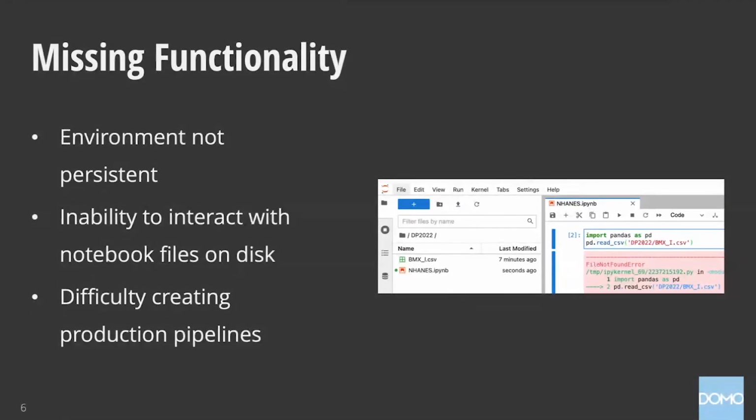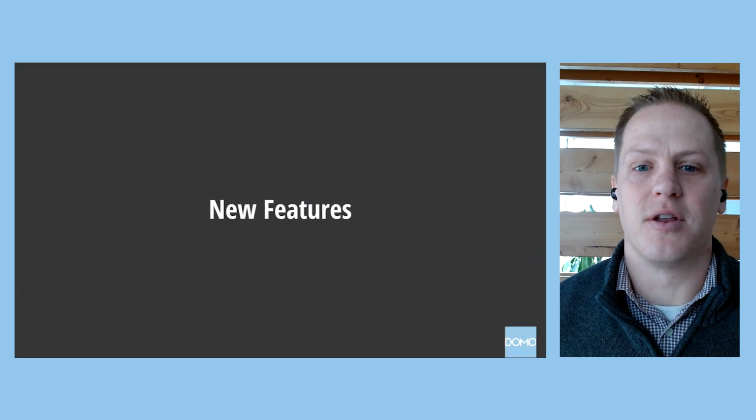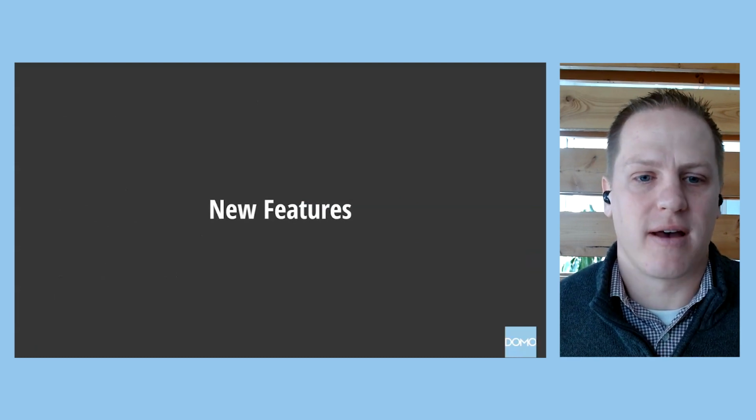But because it is in beta and missing some of this functionality, they're turning to other features within Domo for their production pipelines, like turning their notebook into a scripting tile. But because of the differences in environments, and because they couldn't save those model files, sometimes that transition could be a little bit challenging. So again, I'm really excited to talk about some of the new features to solve some of those issues that users are having.